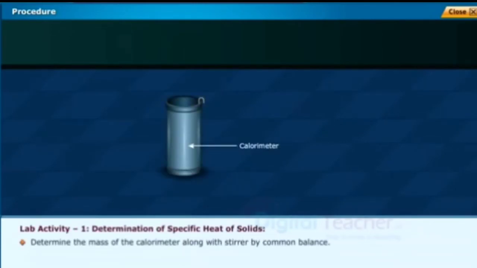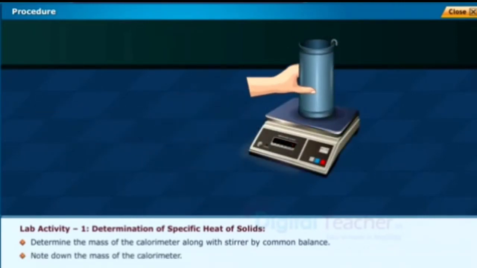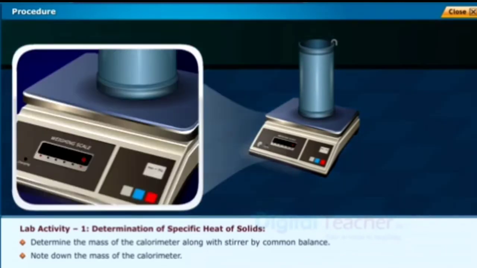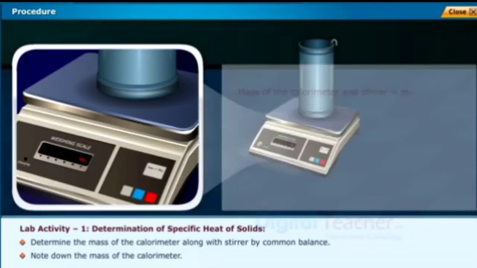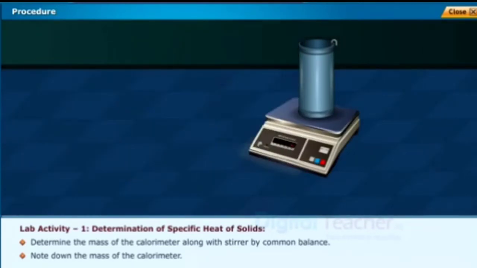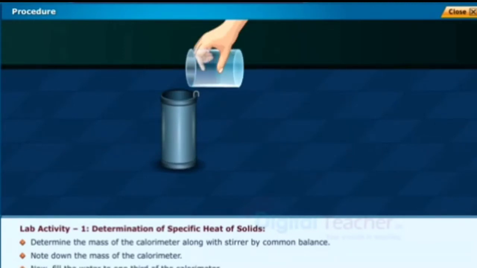Determine the mass of the calorimeter along with the stirrer. Note down the mass of the calorimeter. Now fill the water to 1/3 of the calorimeter.